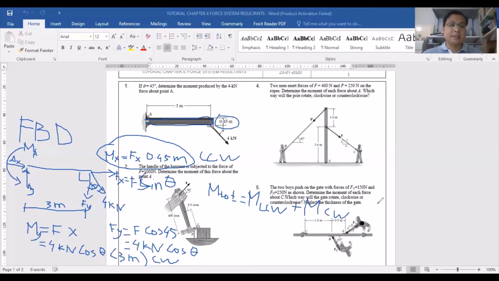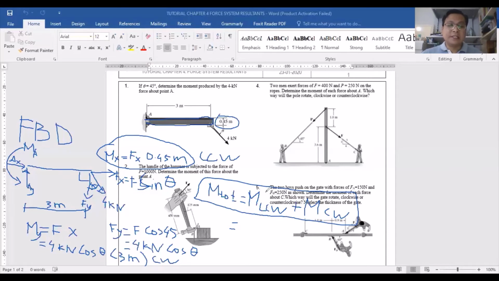Okay, this one is very important because it will determine the total of M based on the question. If you consider this one positive, it should be put as positive. If you consider it negative, it should be put as negative.